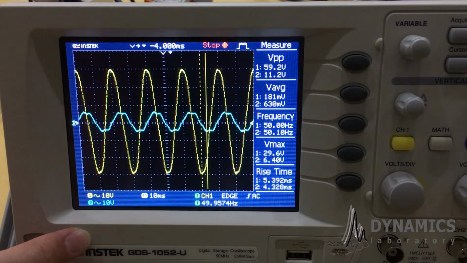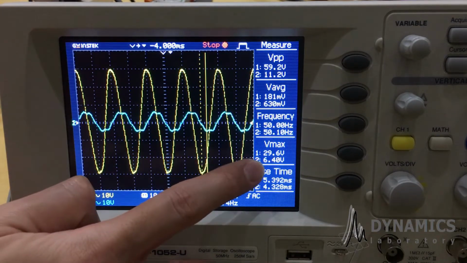Channel 2 is 6.4 volt. But remember, because we use R3 equal to 1 ohm, that's why channel 2 is equal to current. But the oscilloscope is only capable of measuring voltage.